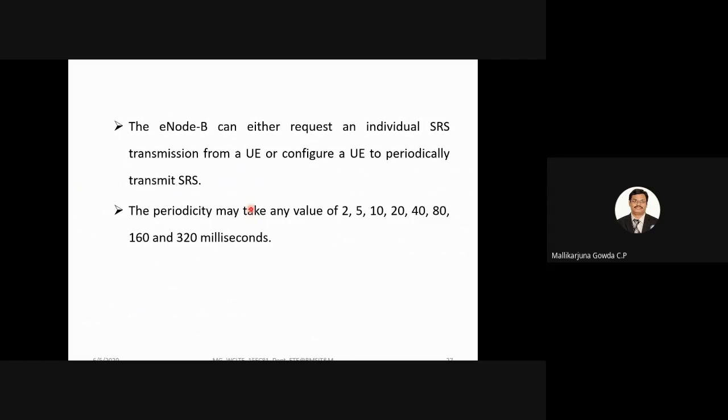That periodicity may take any of these values: every 2 milliseconds, 5, 10, 20, 40, 80, 160, or 320 milliseconds. So this is the periodicity of the SRS transmitted from the user equipment to the eNB, which will convey the channel state information. As I said, that consists of SINR, noise, interference level, etc. That will indicate the uplink channel quality.